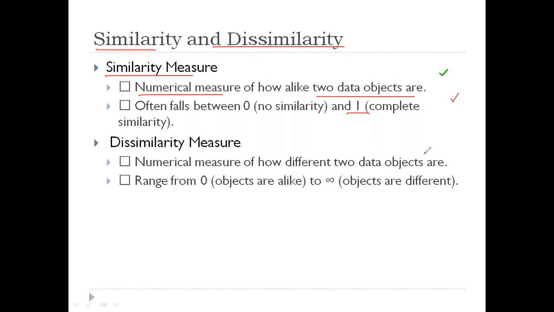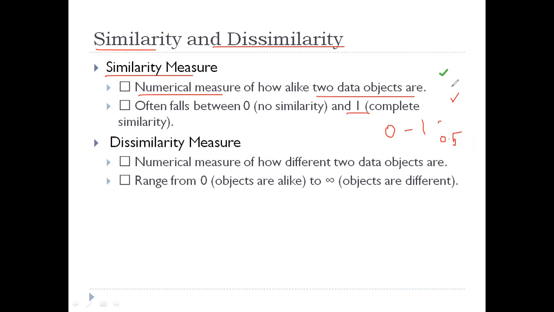So these are not 100% similar. Why? Because they are two tick marks, but there is one more difference, that the color is different. So these two are near to one another. If the measure is between 0 and 1, it means they are similar to one another to some degree, say 0.5.